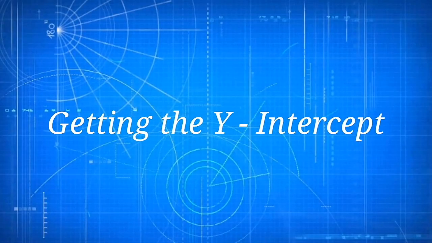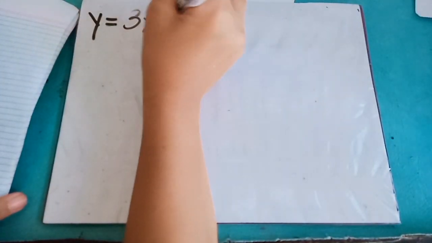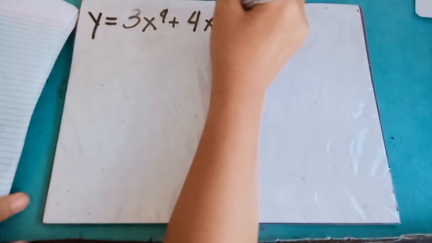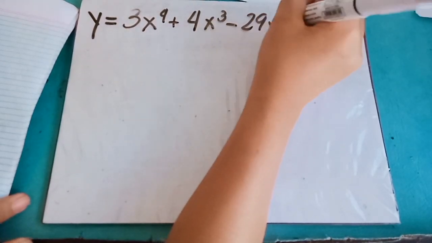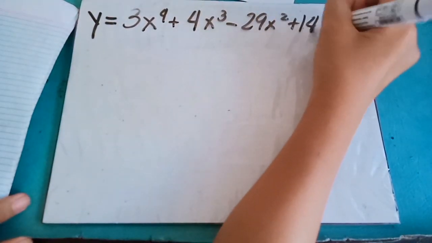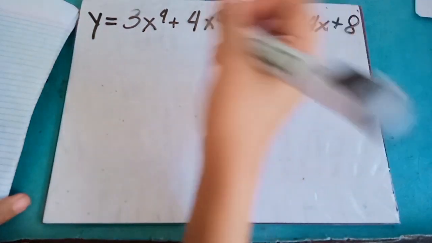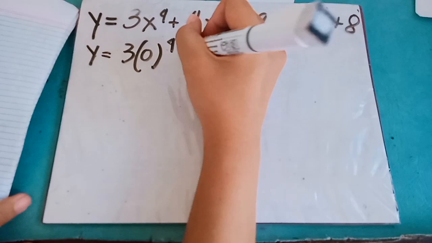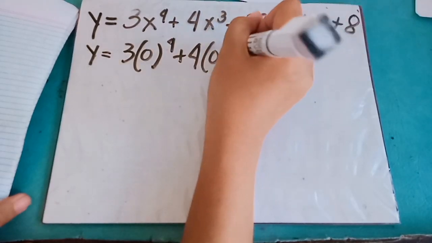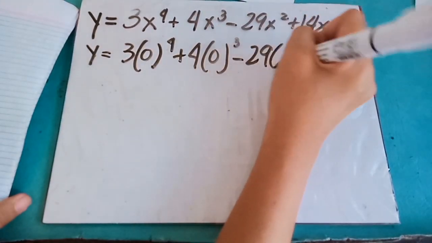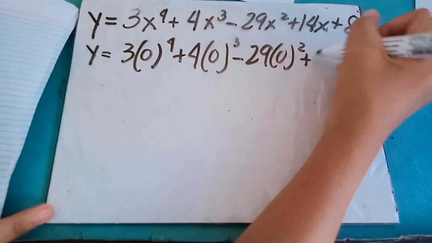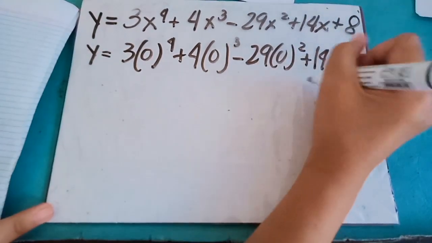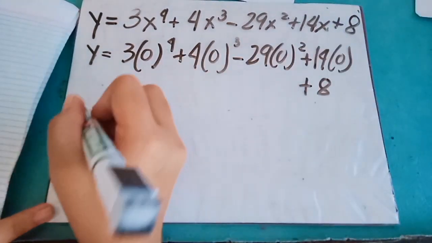So let's now get the y-intercept. To get the y-intercept, we can use either the factored form or the standard form. But here we use the standard form. So to get the y-intercept, let x be 0. So y is equal to 3 times 0 raised to 4 plus 4 times 0 raised to 3 minus 29 times 0 raised to 2 plus 14 times 0 plus 8.